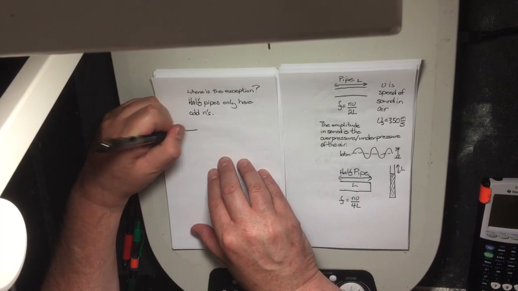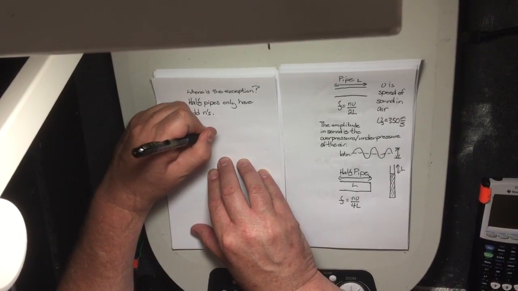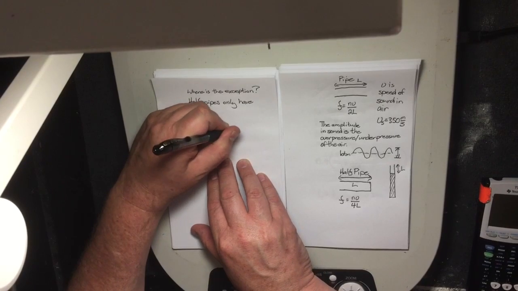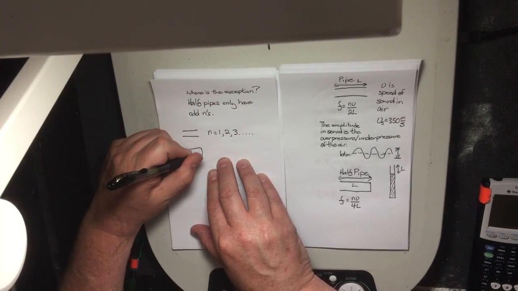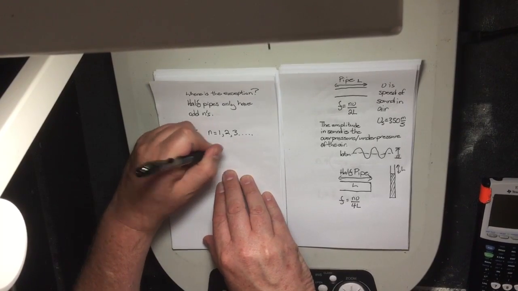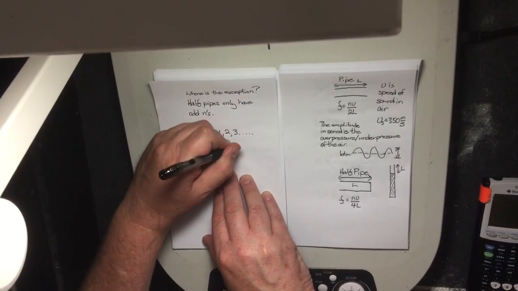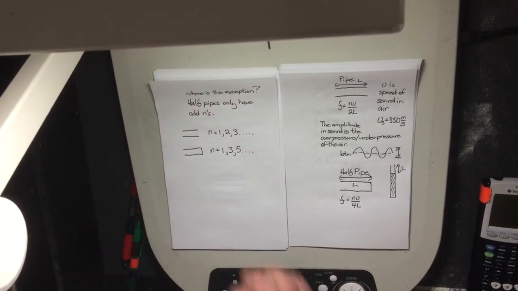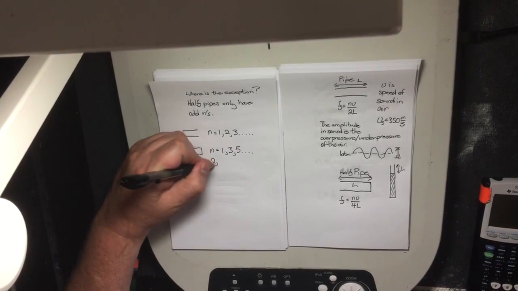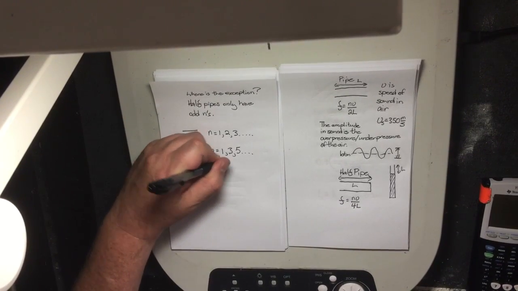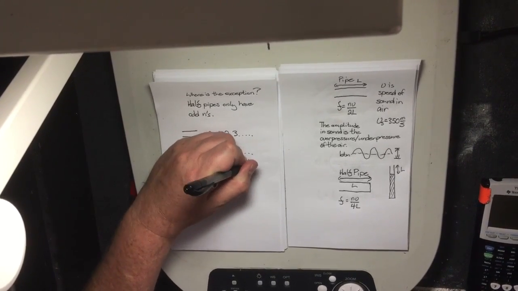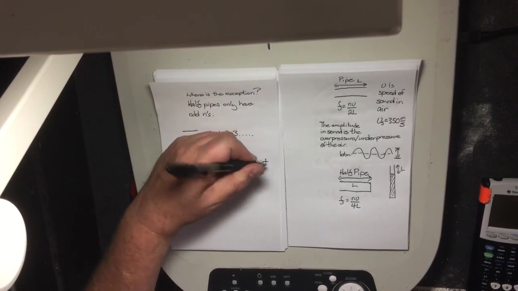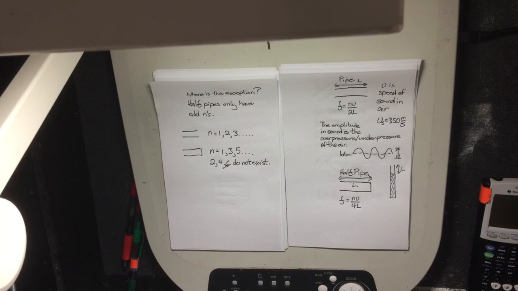For a full pipe, N equals 1, 2, 3, ... The half pipe, N equals 1, 3, 5, ... 2, 4, 6 do not exist. Now there's a derivation for this.